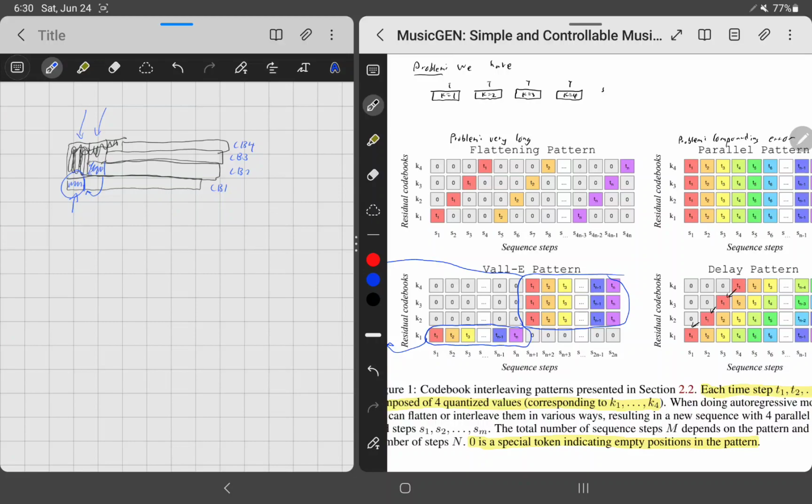Because remember, codebook 2 models the residual between the audio we want to generate and the audio that was modeled by codebook 1. So codebook 2 is just modeling the residual. But if you generate them all at the same time, then it's really difficult for it to know what to model because the residual doesn't exist yet.